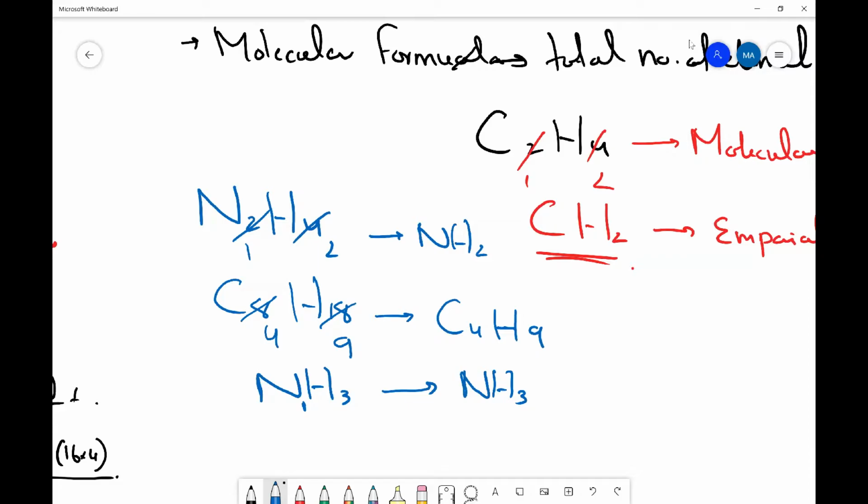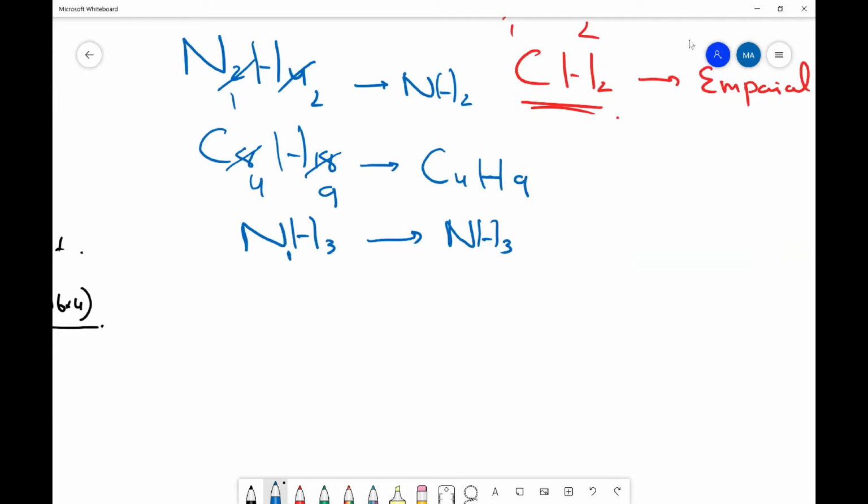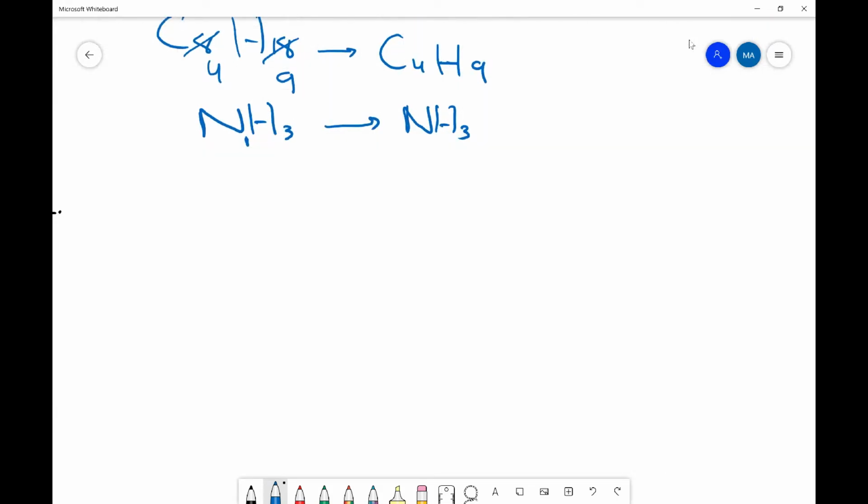Yes. Okay. Now there are multiple ways to figure out the empirical formulas as well. Let's say, for example, moles are given to you and you are not given any of these subscripts, then you can use moles to figure out empirical formulas as well. We're studying this case 1 here.